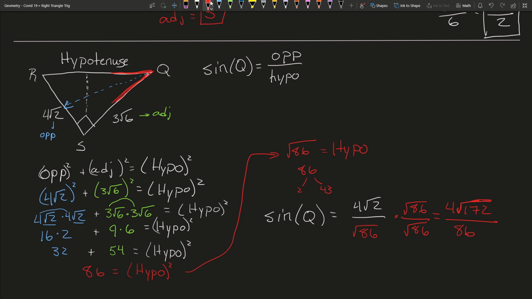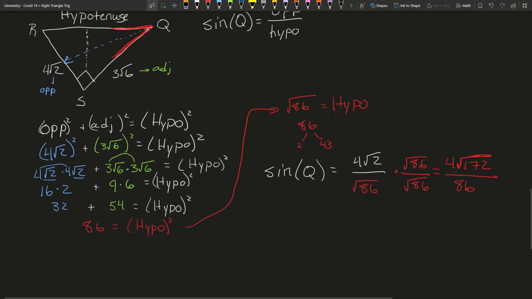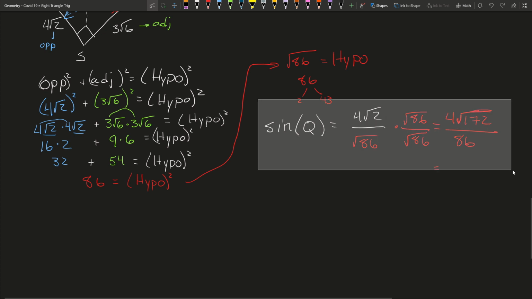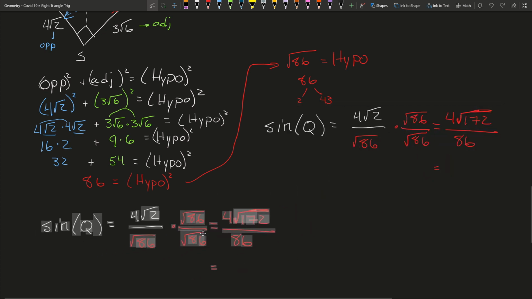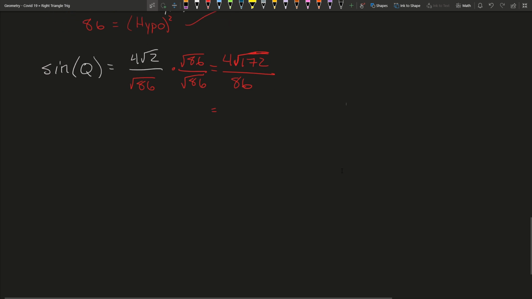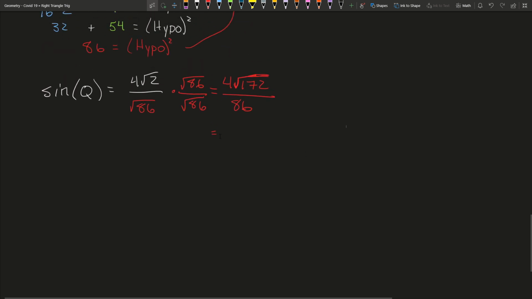All right, so now this is almost our right answer. We would just need to simplify it a little bit. So I'm going to make a little bit more room. First, I'm going to simplify rad 172.